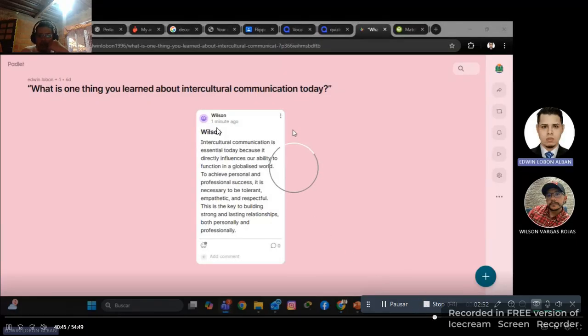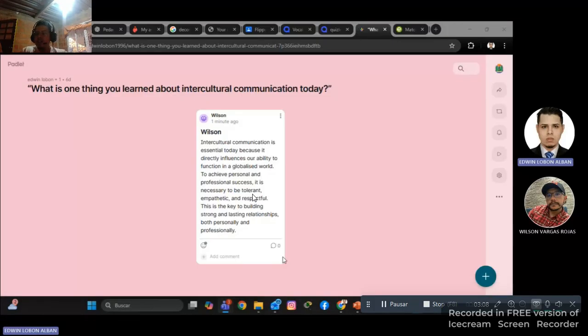The student does this reflection, and what I did was discuss it, because it's really important that we as teachers interact with the answers the students give us.